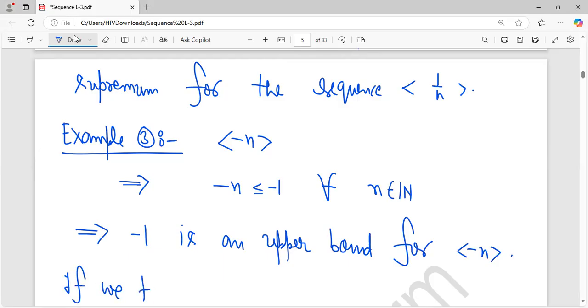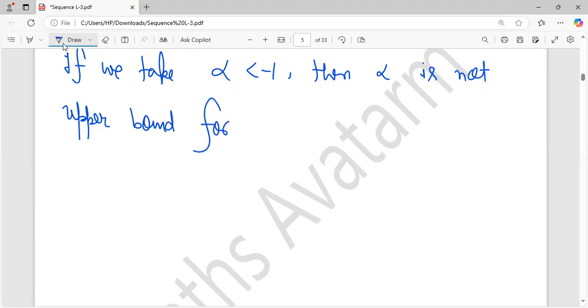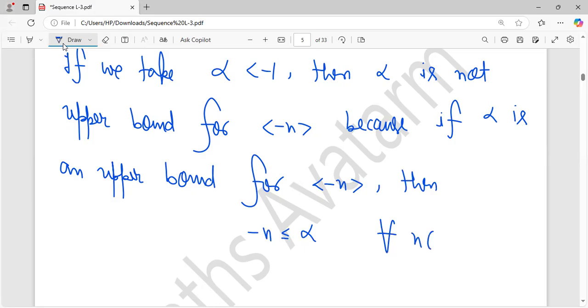If we take alpha less than minus 1, then alpha is not an upper bound, because if alpha is an upper bound for this sequence minus n, then what will happen? Minus n will be at most alpha for all n belonging to the natural numbers.